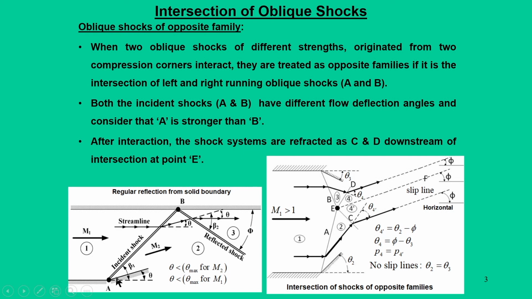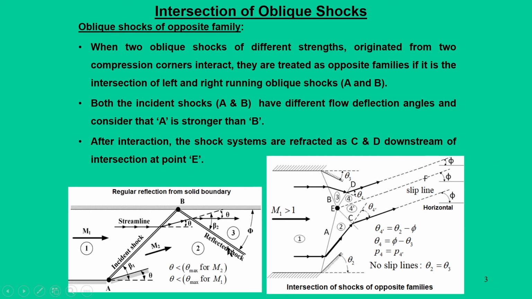So, in the process we have an incident shock and a reflected shock. From the observer's point of view, we can say the incident shock is a left running wave and the reflected shock is a right running wave. So, these are oblique shocks of opposite nature.